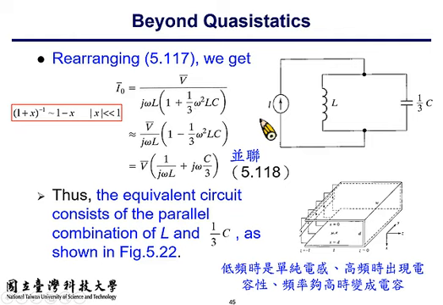So here is the relation. Again, we use the relationship of 1 plus x to the minus 1. If x is very small, approaches 0, then it can be substituted with 1 minus x.